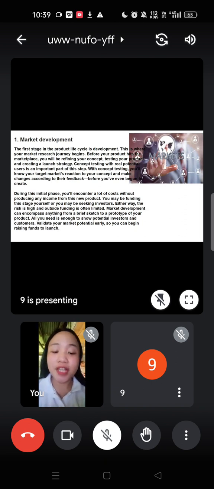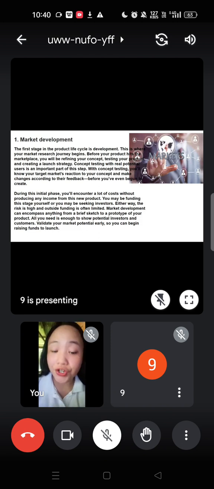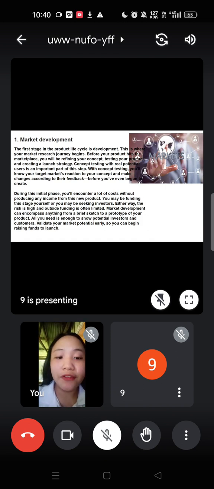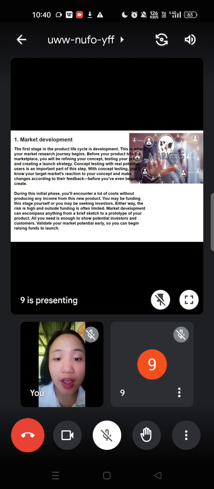The first stage in the product life cycle is development. This is where your market research journey begins. Before your product hits the marketplace, you will be refining your concept, testing your product, and creating a launch strategy. Concept testing with real potential users is an important part of this step.